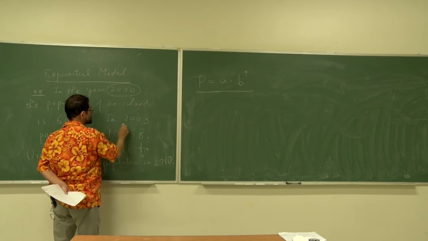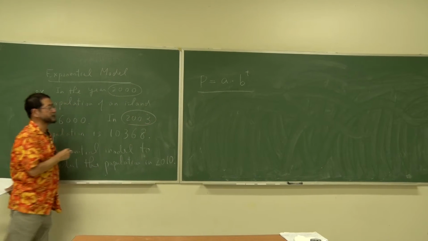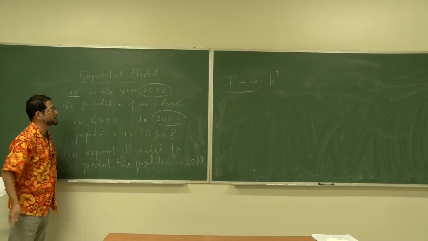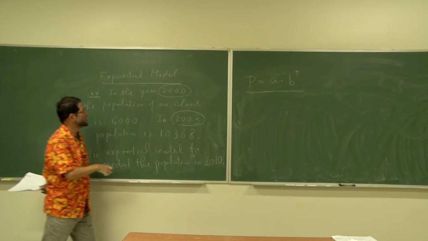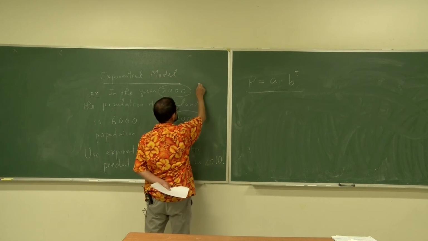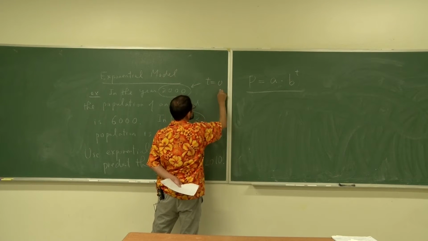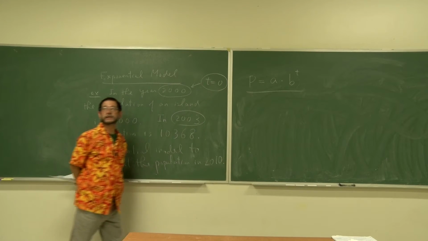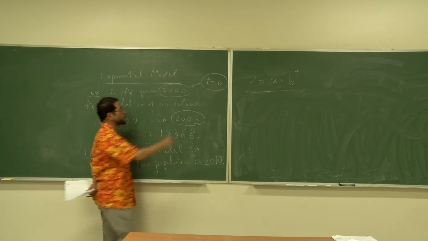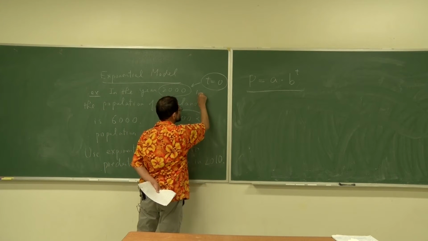Since the difference between the years 2000 and 2003 is very huge, I could use these numbers directly, but to make things simpler, let's say 2000 corresponds to the initial value, t is equal to 0. Okay? So that's the initial value of this exponential function.